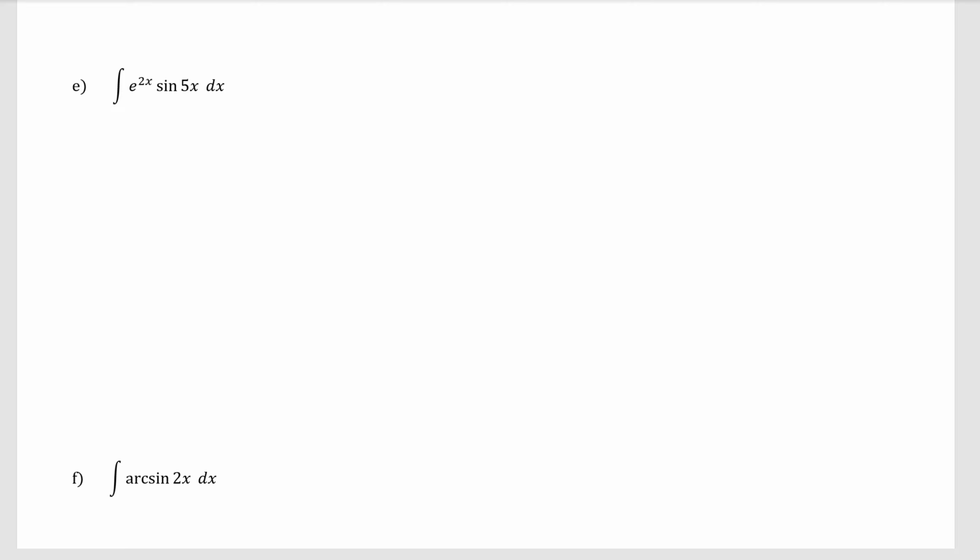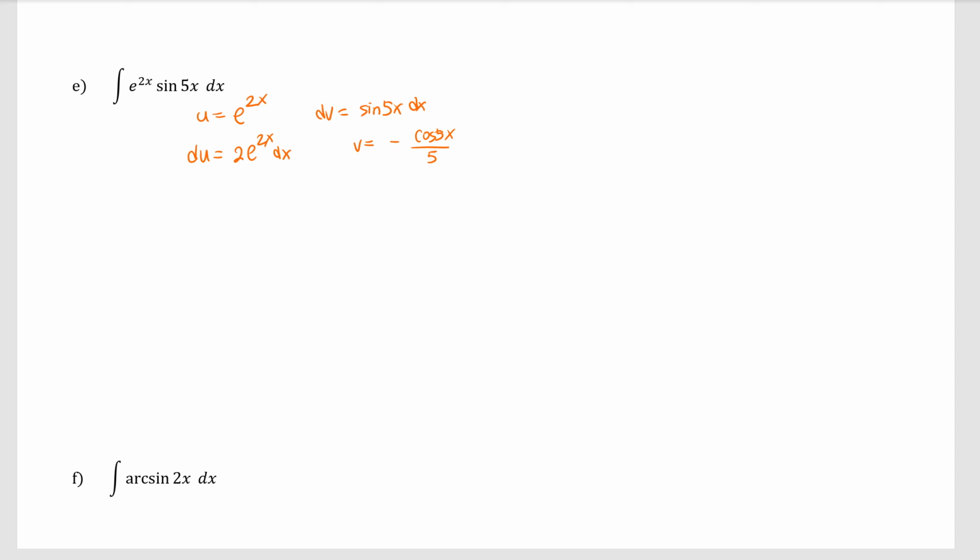So let's let u be e to the 2x, and then dv is sine 5x dx. Then du is 2 e to the 2x dx. The integral of sine is minus cosine. So far so good?